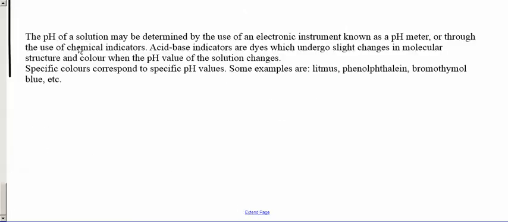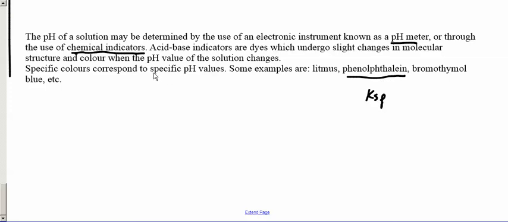Just one last little thing. The pH of a solution, I can use an instrument called a pH meter. I can also use indicators, and we have used indicators in our class already. We used phenolphthalein in our Ksp lab. It was what made the solution turn purple.